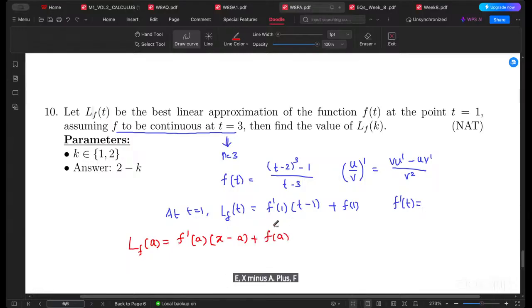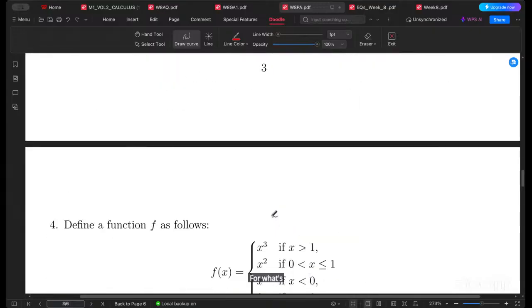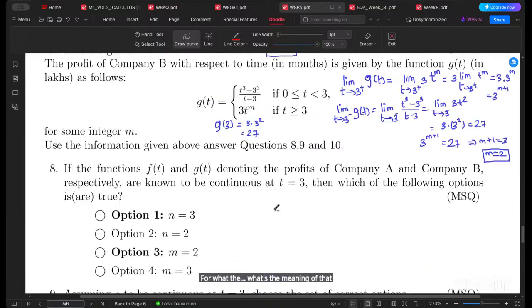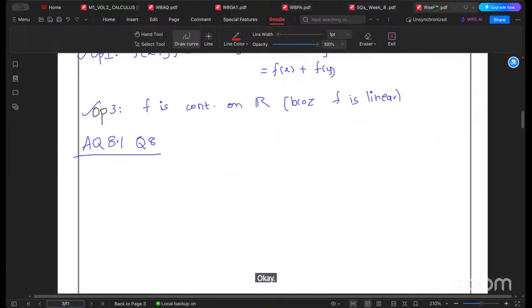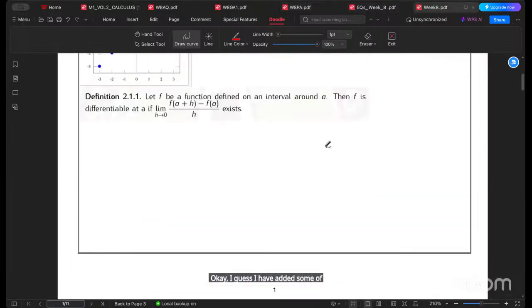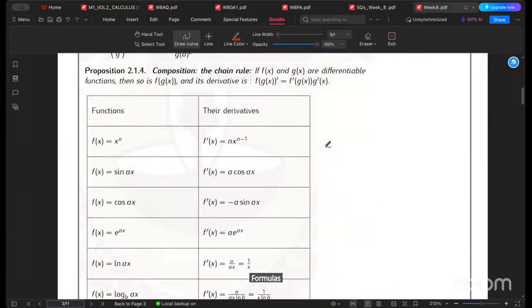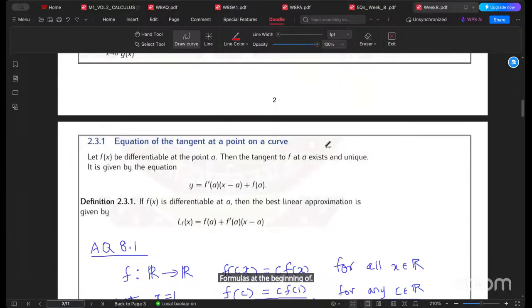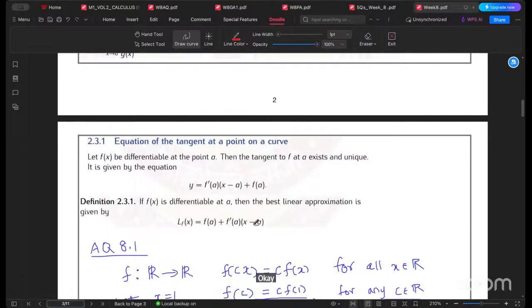This is the formula. What is the meaning of that L? L is linear approximation. I have added some of these basic definitions and formulas at the beginning of the other PDF which I started with. Here you can see that the formula is there. Okay, fine.